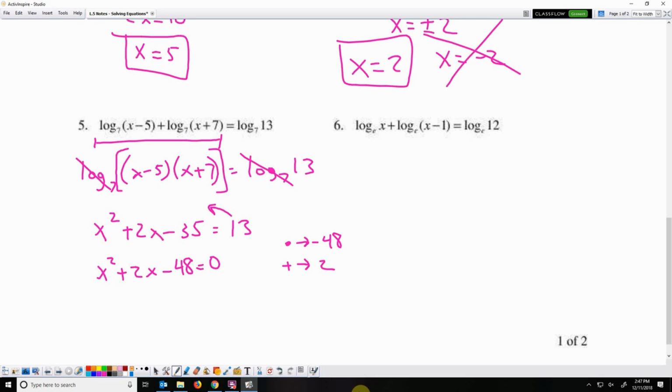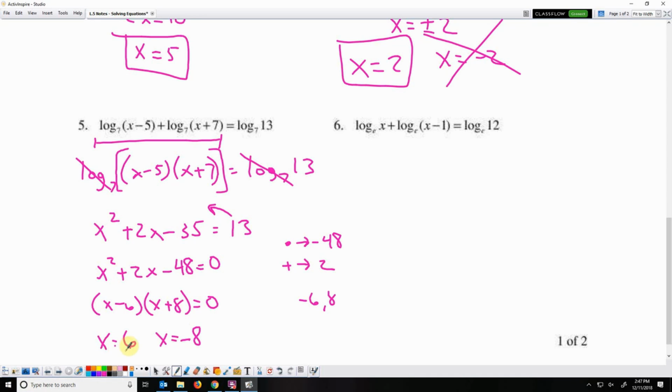Those numbers would be negative 6 and 8. Negative 6 times 8 is negative 48. Negative 6 plus 8 is 2. So my factored form is x minus 6 times x plus 8 equals 0. So I get two solutions. X equals 6 and x equals negative 8.